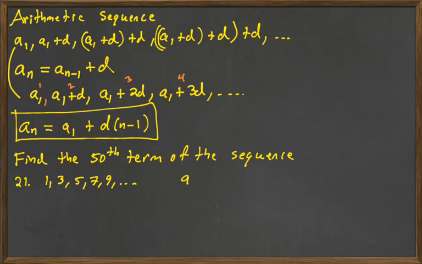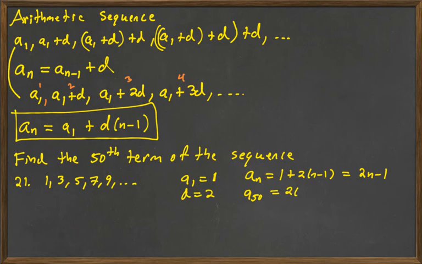We notice that we're adding 2 to each term. So 1 plus 2 is 3, 3 plus 2 is 5, 5 plus 2 is 7, etc. Our nth term is going to use the first term, which is 1, and the common difference is 2. That's what you're adding each time. So a_n is equal to 1 plus 2 times (n minus 1), which simplifies to 2n minus 1. If we want to find the 50th term, a_50 is going to be 2 times 50 minus 1, or 99.